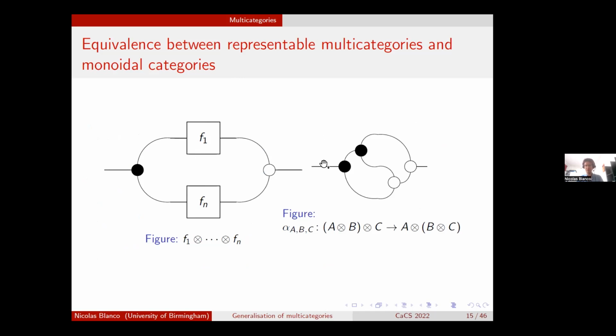And in a similar way, we can define graphically what alpha, the associator, is, that goes from A tensor B tensor C into A tensor B tensor C. And so you can think of it as kind of rebracketing. So you just eliminate the tensor product to get A, B, and C, and then reintroduce it, but in another order, or the order that you want.